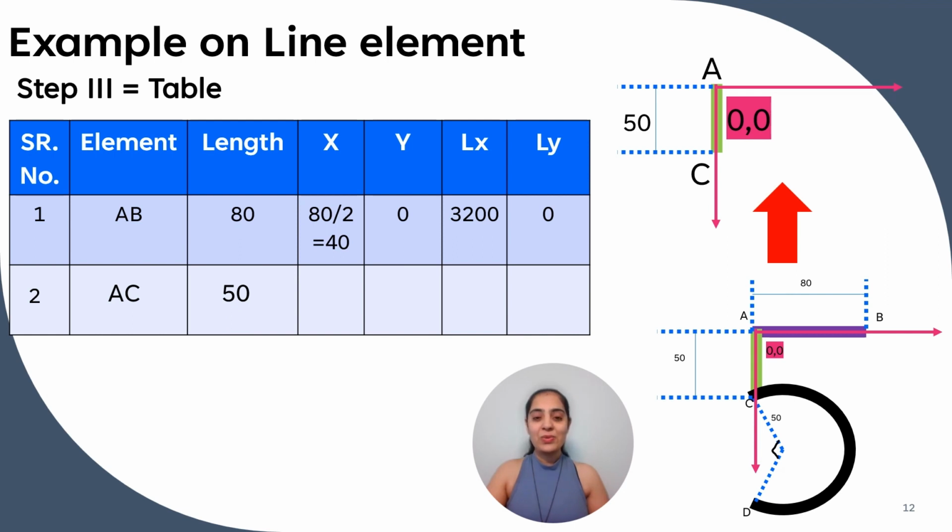And now the coordinates of CG of element AC. What are those? It is 0 because AC is passing through the y-axis.